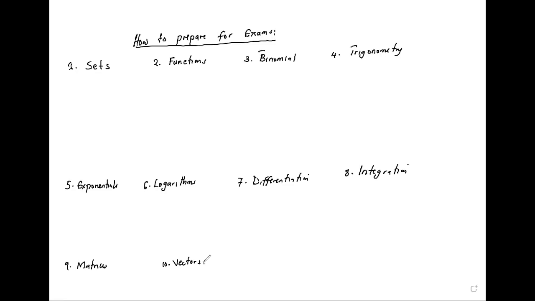Okay, so when it comes to sets, what do you look for in sets? Of course, am I able to get the intersection of two sets, especially intervals? Do I understand the number line?